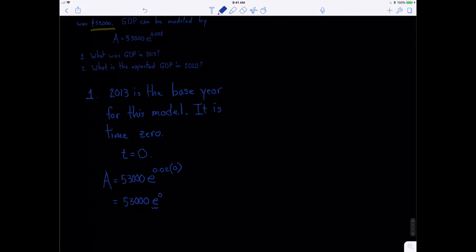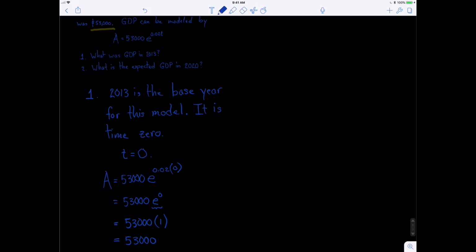And any number raised to the 0 power is 1. So there it is, this is 53,000, and e to the 0 is 1. So in other words, this model starts in the year 2013 and then models into the future time past 2013.